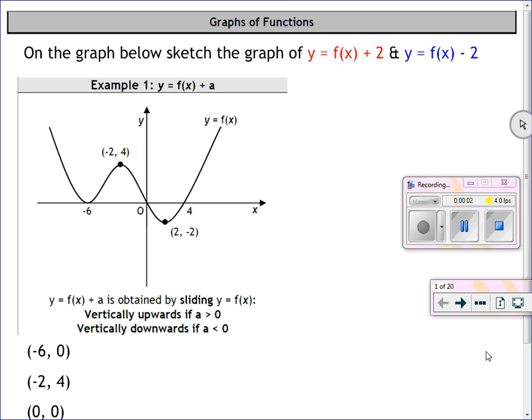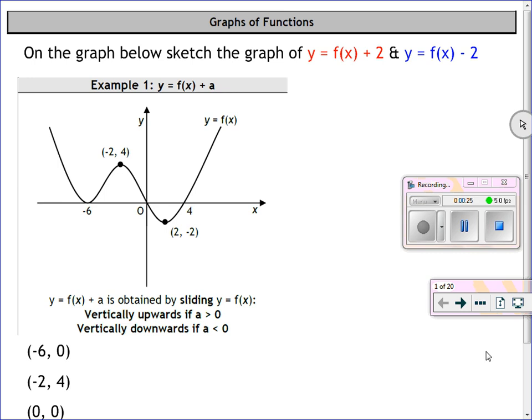Hi there. Today we're going to move on to looking at transformations of graphs of functions. There are 6 different transformations that we will do in higher mathematics. It doesn't really matter what the function itself is.